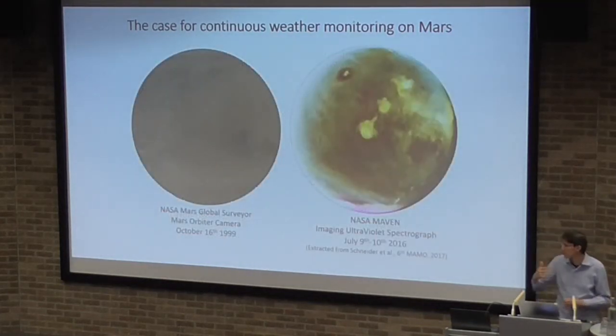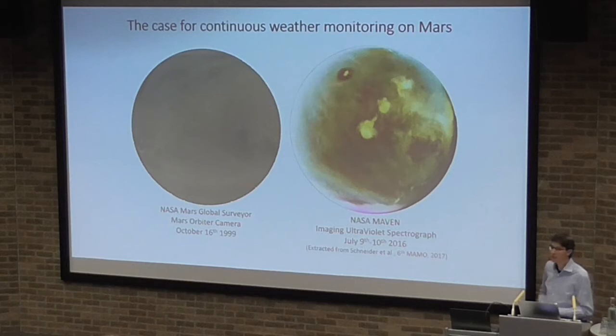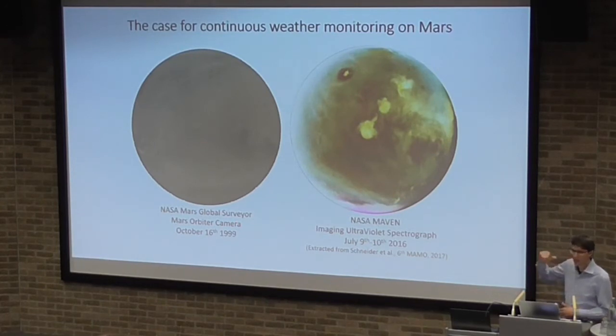I'll give you an example because it's better to look at things rather than talking about things. On the left-hand side, you have Mars in a visible image taken by an instrument on board Mars Global Surveyor, which is a spacecraft now not active on Mars anymore. On the right-hand side, you have a UV image taken by a spacecraft which is taking measurements right now and looking at the upper atmosphere of Mars, MAVEN.